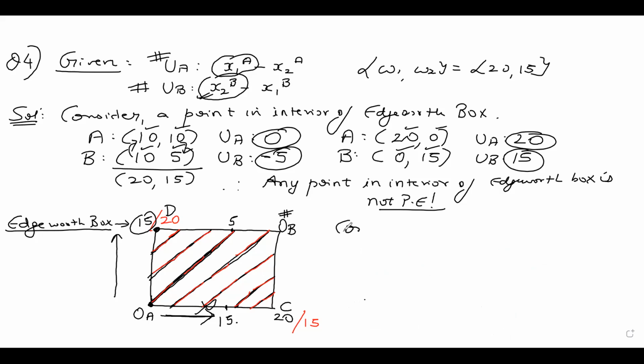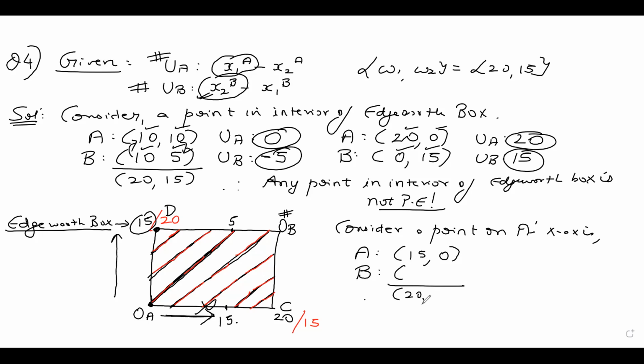So consider a point on A's x-axis. Suppose I take a point on A's x-axis, let's say 15, 0 only. And so how much will B have? If A has 15, 0 and the total is 20, 15, B will have 5, 15.